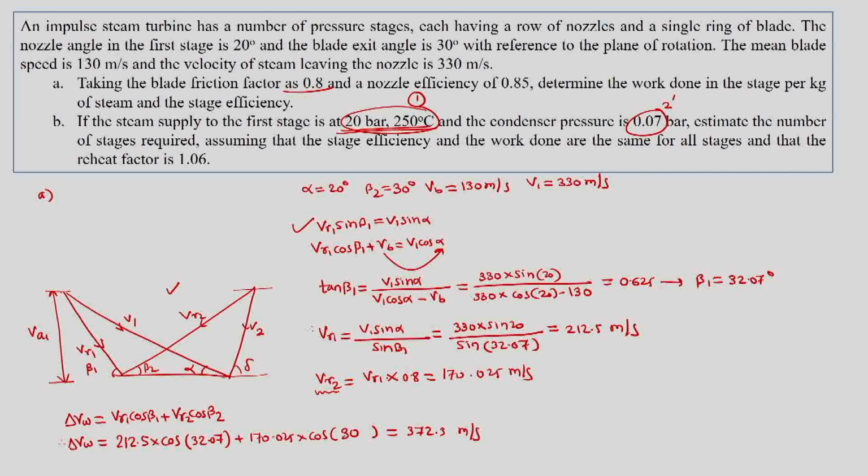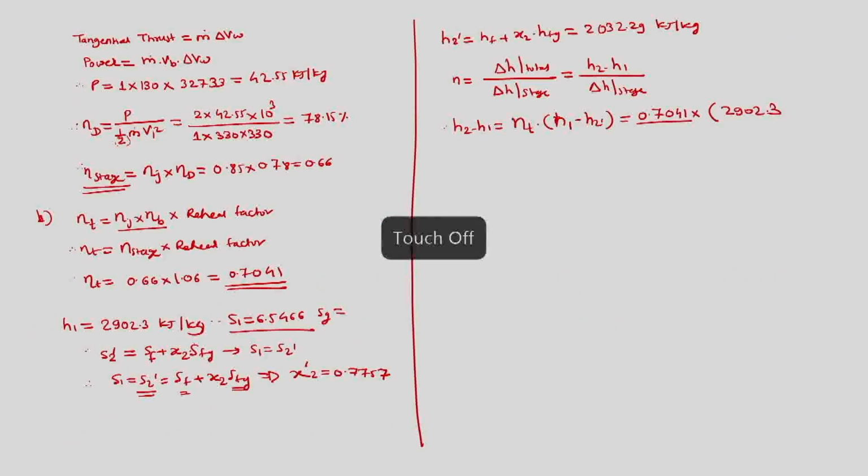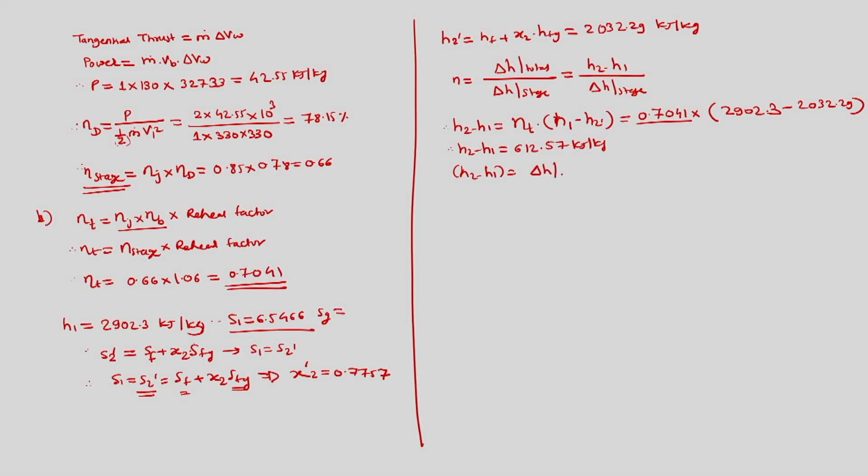Knowing state 1, we can find out H1, and we also found out H2 dash. So it is minus 2032.29. So we have H1 minus H2 is equal to 612.57 kilojoule per kg. This is delta H total.